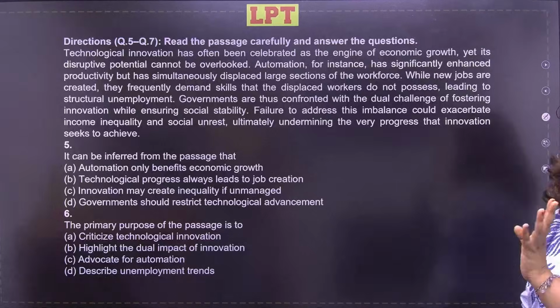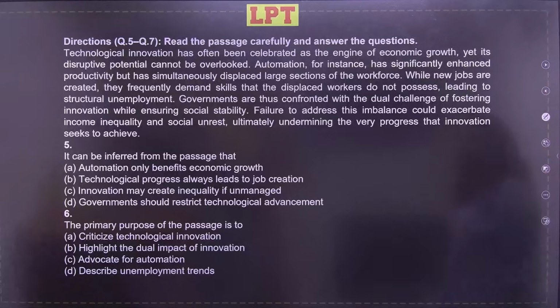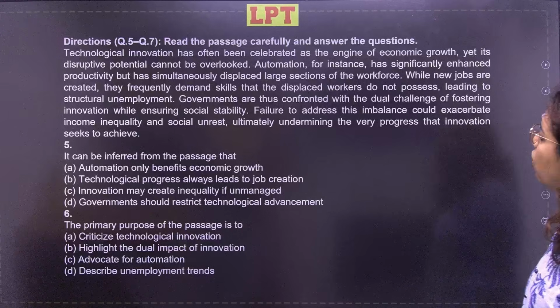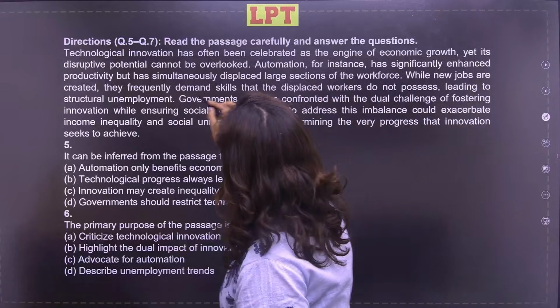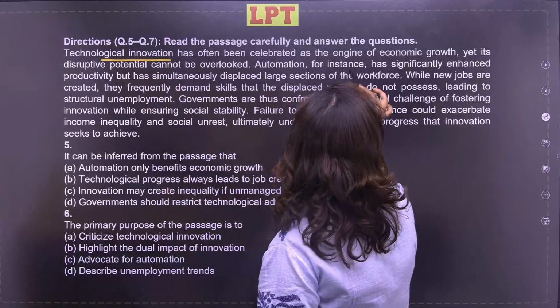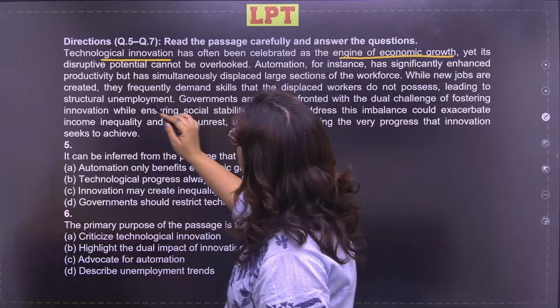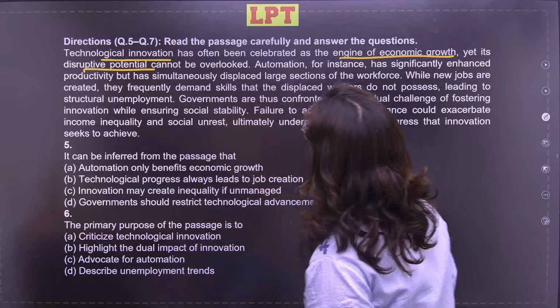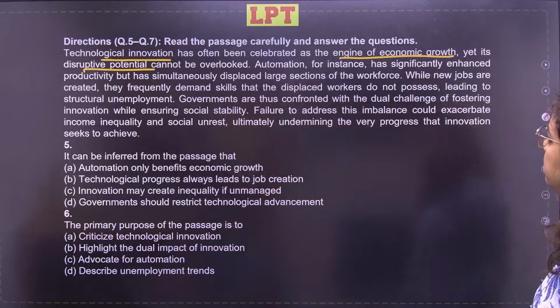That means 3 questions are based on this passage alone. Technological innovation has often been celebrated as the engine of economic growth, yet its disruptive potential cannot be overlooked. So one idea: technological innovation as the engine of economic growth has disruptive potential. Automation, for instance, has significantly enhanced productivity but has simultaneously displaced a large section of the workforce.